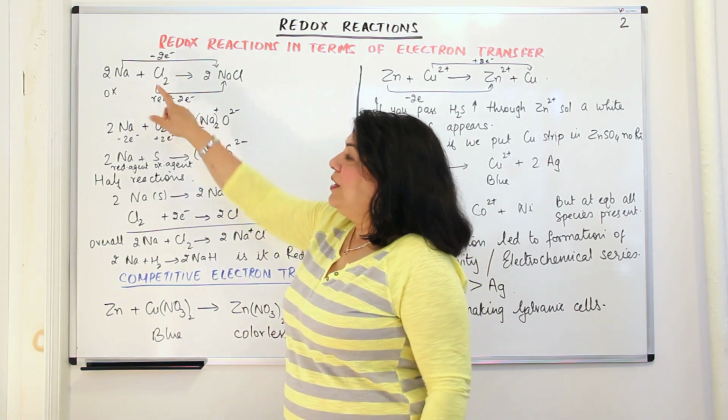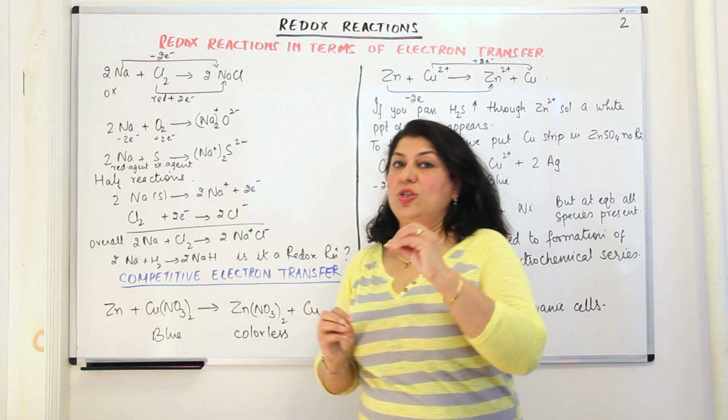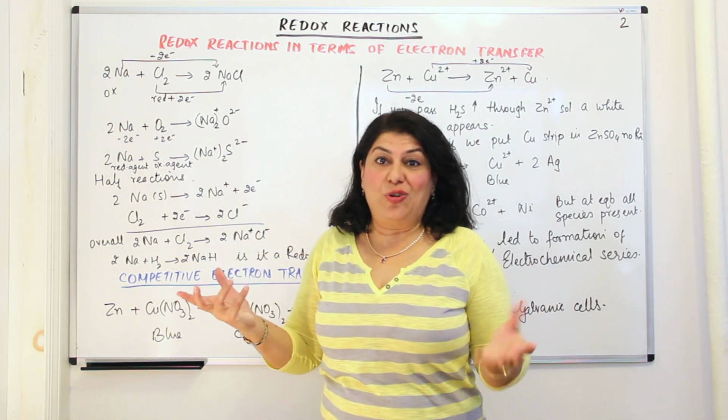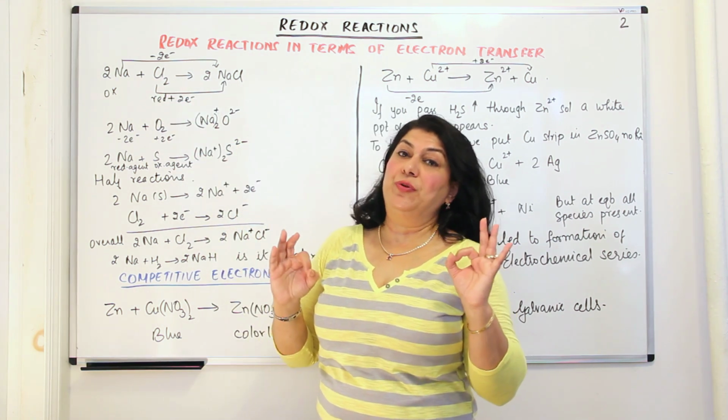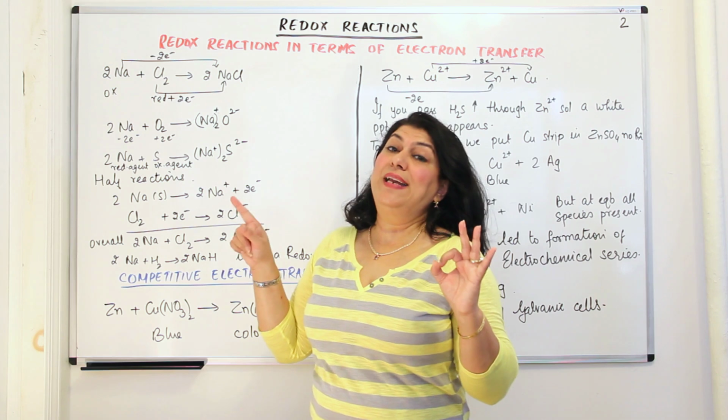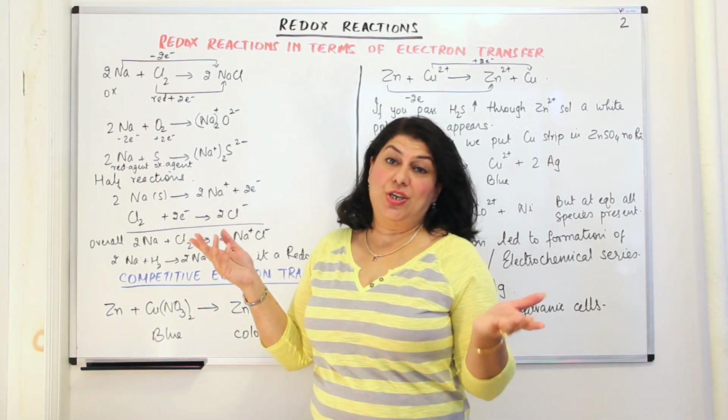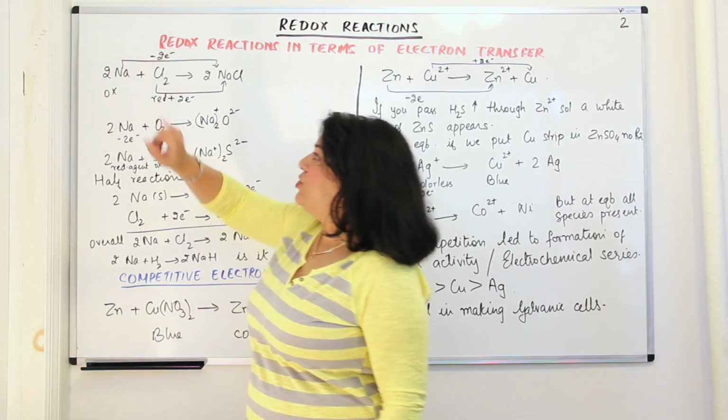At the same time, whatever these two electrons were lost, who gains these electrons? We know chlorine in the chlorine molecule has a charge of 0. It gains one electron to become negatively charged. Let us take one sodium and one chlorine.